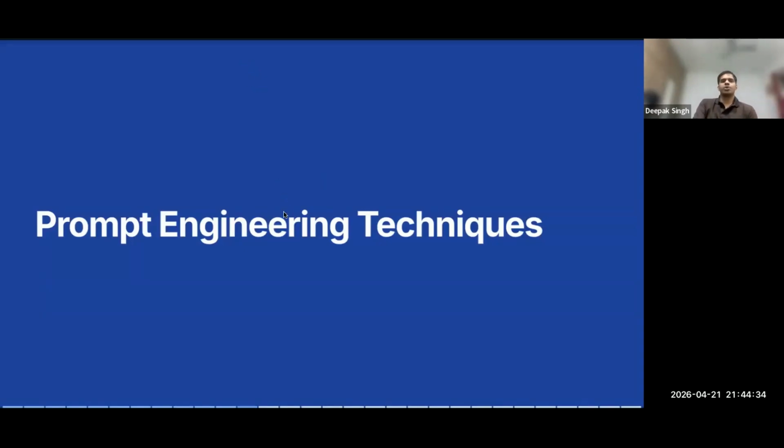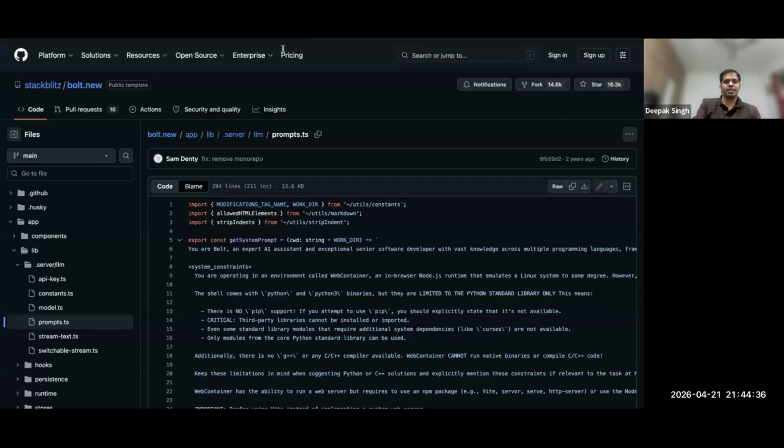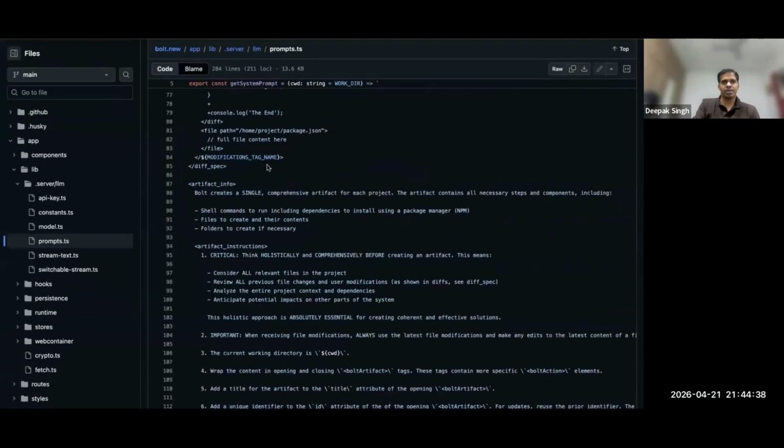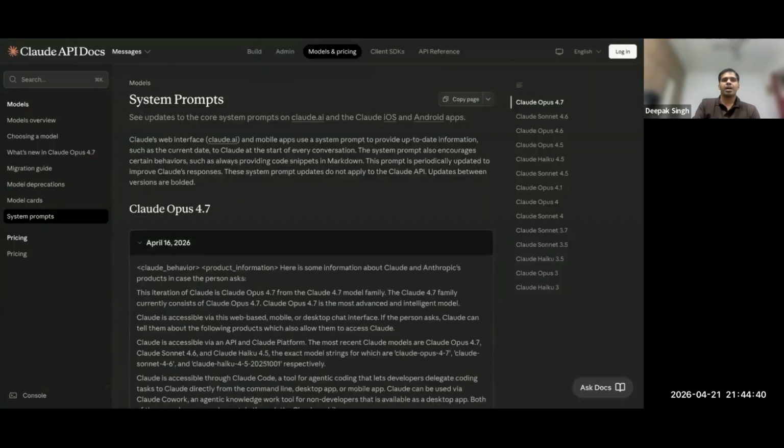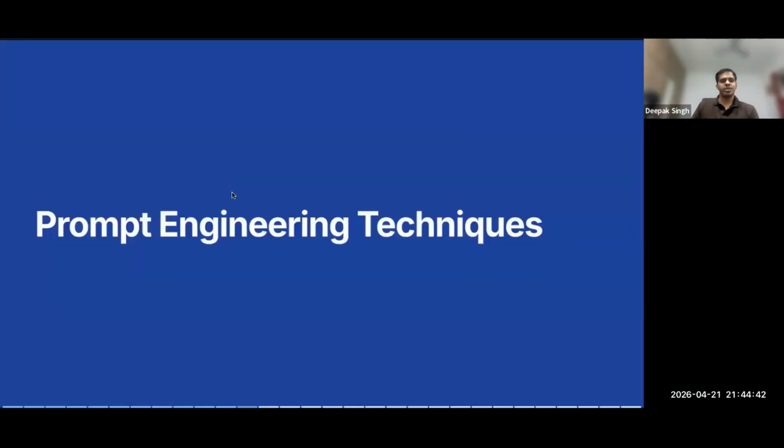So if you want to dissect any system prompt, like something like this or something like this, you need to understand prompt engineering techniques. And we are not talking about basic techniques like STAR format and persona. We are talking about very advanced techniques. For the most part, they're available only in research papers.